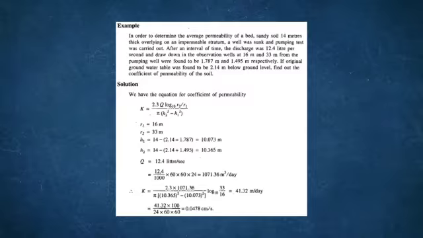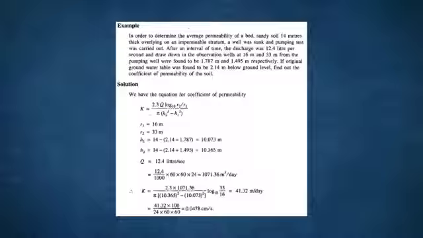If the original groundwater table was found to be 2.14 meter below ground level, find out the coefficient of permeability of the soil. So the formula is K = 2.3 Q log10(R2 / R1) / (pi (H2^2 - H1^2)).